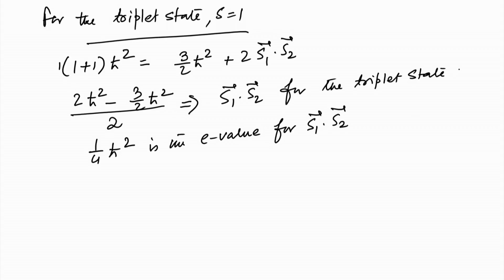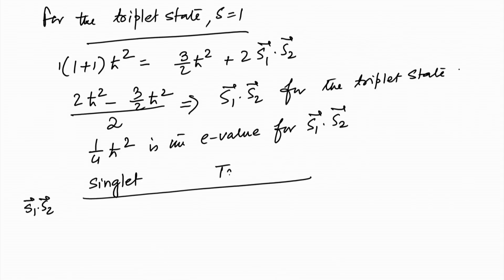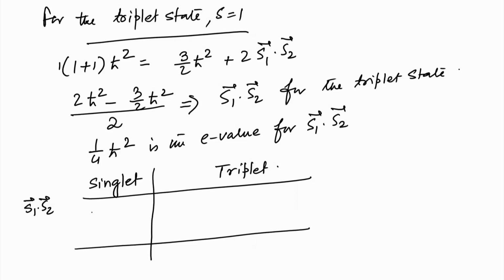So, let us just summarize this quick result. For singlet and triplet states, S 1 dot S 2 for the singlet one has minus 3 by 4 ħ square and the triplet has 1/4 ħ square. So, this is the eigenvalue of S 1 dot S 2.